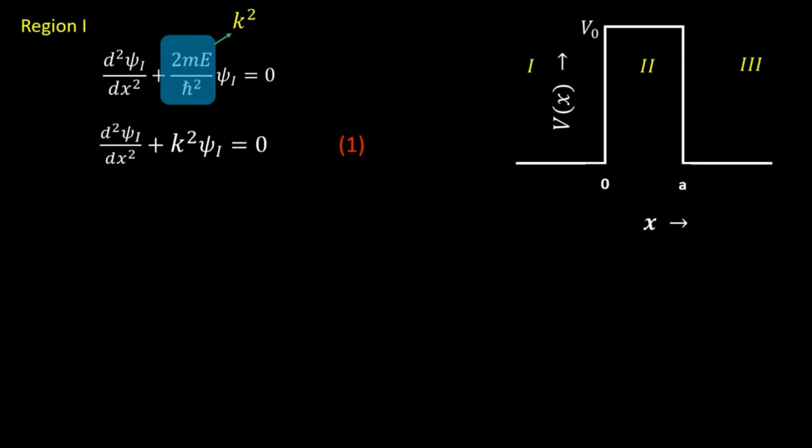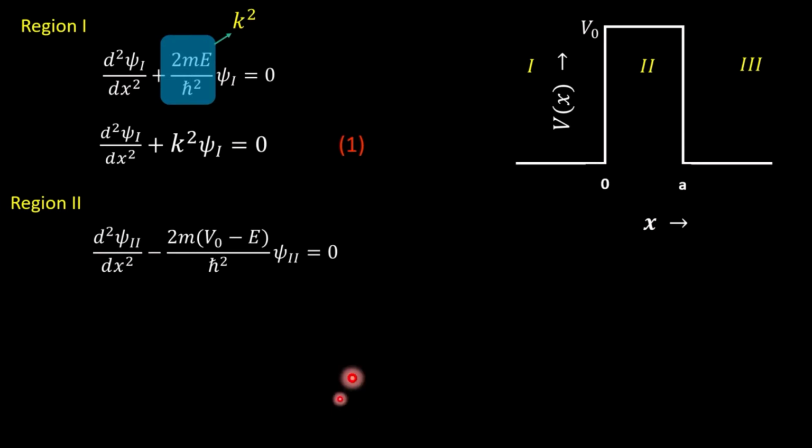In region 2, we modify the Schrodinger equation like this one, as the potential energy in this term is V0, which we assume larger than the energy of the incoming particles. So we rearrange the positions of potential and kinetic energy terms, and then we put a negative sign here. Again we make the substitution for this quantity 2m(V0 minus E) by h cross square as another positive constant alpha square.